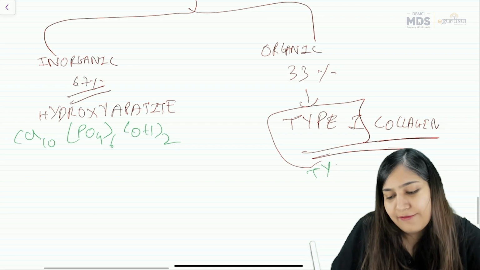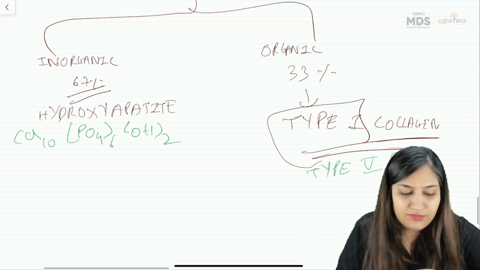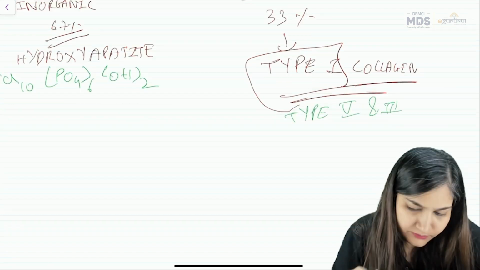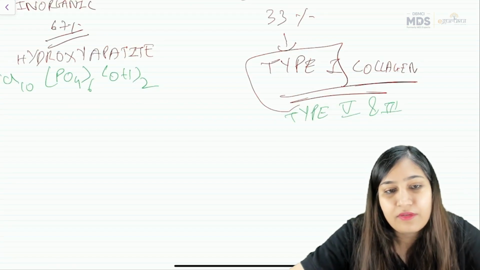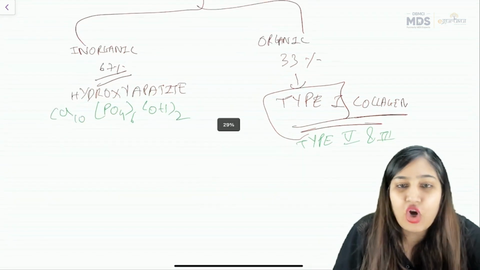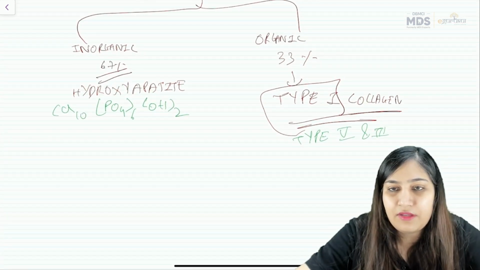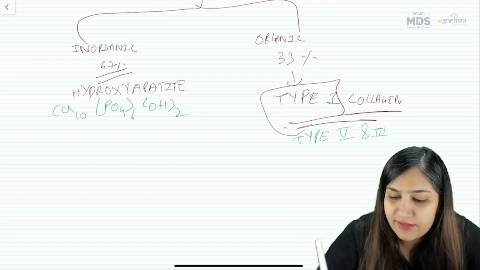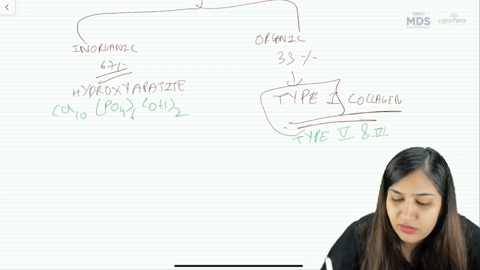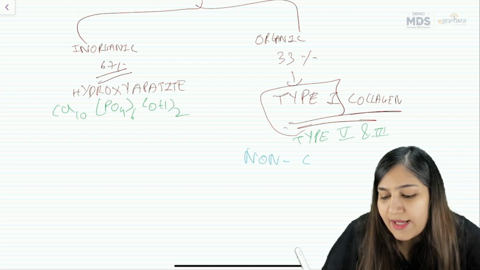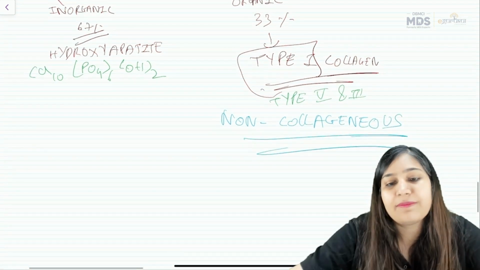Type 5 and 3 are also present in small quantity. Then we have non-collagenous proteins also, right? So these are the basic organic and inorganic components, and we will have collagen as well as non-collagenous proteins here. Which are the non-collagenous proteins?